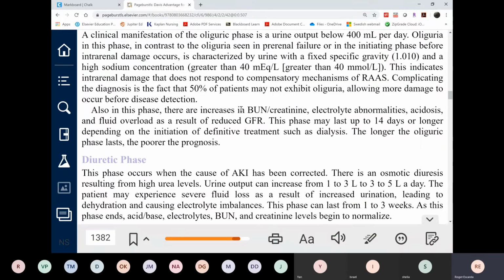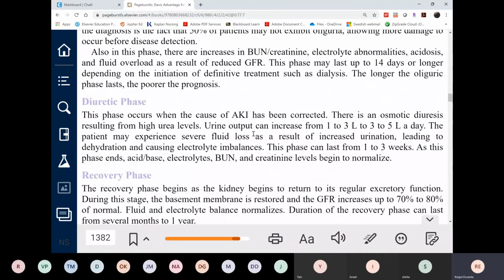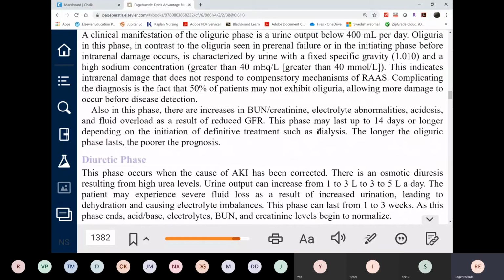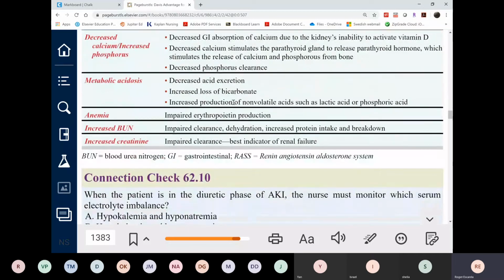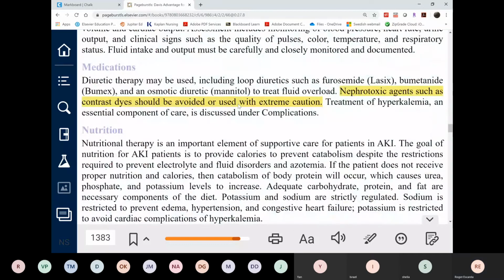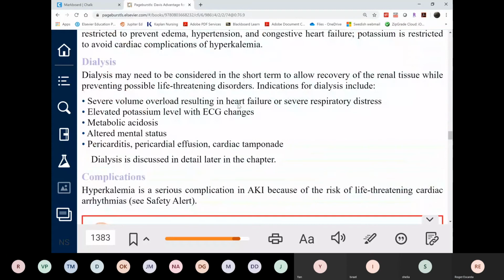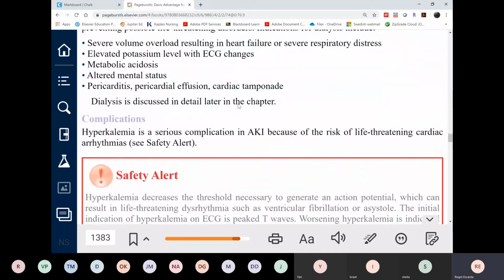But like I already discussed, it is possible that if you miss this phase here, meaning you did not change the orders, you did not call the doctor for a change of orders, and then they return here, that dialysis will become permanent. We'll discuss dialysis separately toward the end of the chapter.